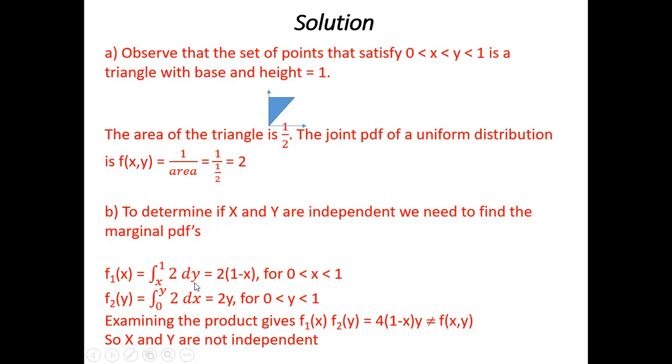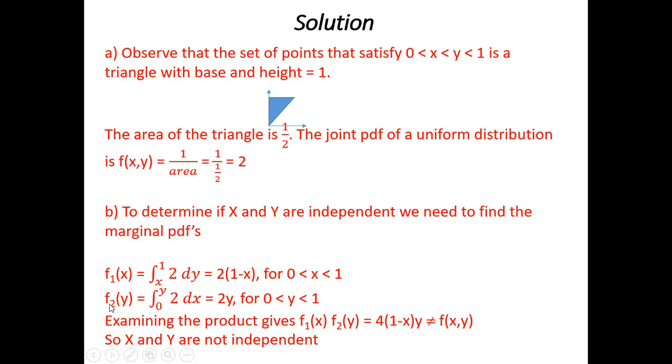We're integrating out y. 2 is our joint PDF that we found in part A. So when we integrate, we would have 2y evaluated as y goes from x to 1. So this simply becomes 2 times 1 minus x, where x is between 0 and 1. So that's the marginal PDF with respect to x.